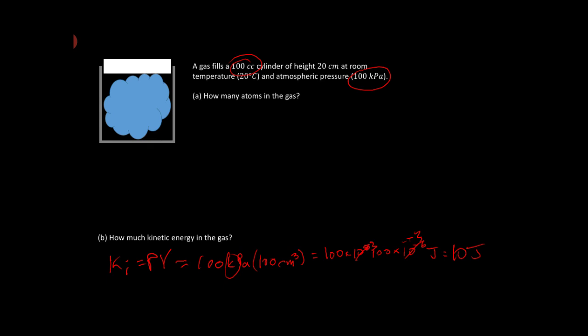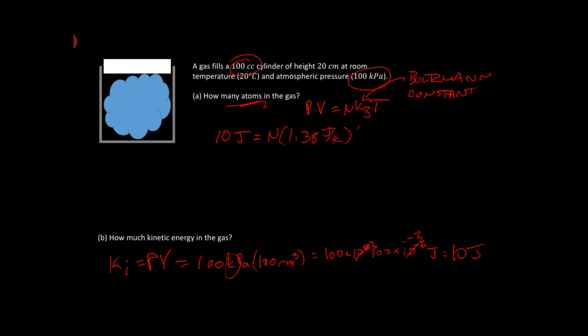Now we want to use that to find how many atoms are in there. We use the ideal gas law for that, which is PV equals N k_B T, k_B being the Boltzmann constant. PV we just said was 10 joules. N is what we want, how many atoms. k_B is 1.38 times 10 to the minus 23 joules per kelvin.